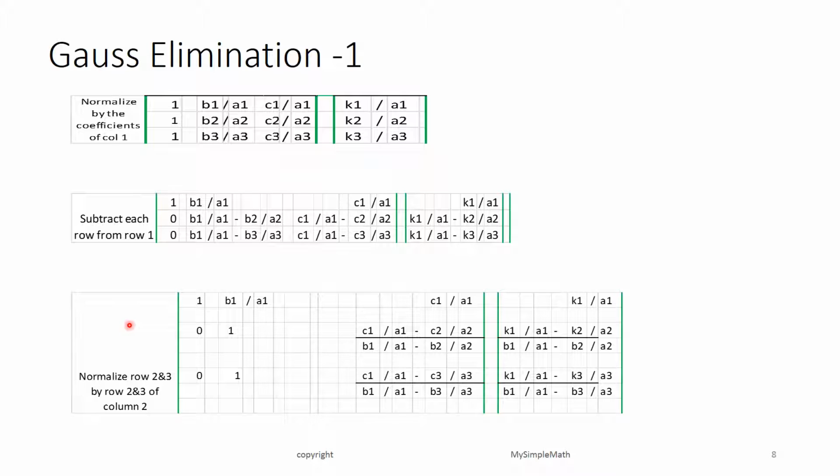Similarly here, we continue with the Gauss elimination, and we divide row 2 by the coefficient of row 2, column 2. So here it becomes 1, and here it becomes C1 by A1 minus C2 by A2, B1 by A1 minus B2 by A2. And also for column 3, we divide by the corresponding number, which is column 2, row 3, C1 by A1 minus C3 by A3, B1 by A1 minus B3 by A3.